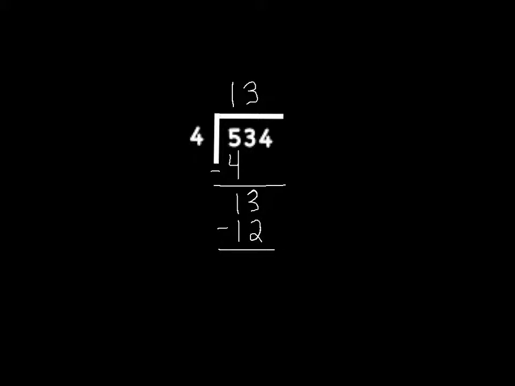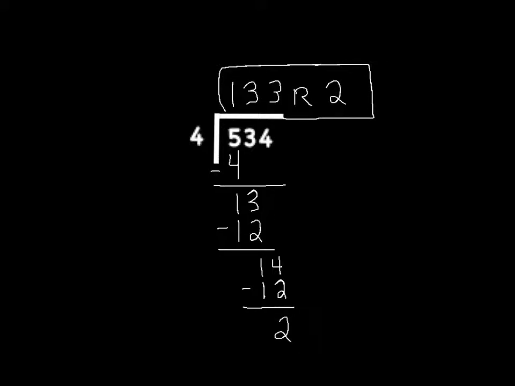When we subtract in the tens place, we have 1 ten remaining, and we can drop down the 4 from the ones place. Again, making reference to our basic fact fluency, we know that 4 times 3 is 12. When we subtract, we have 2 remaining. Our quotient is 133 remainder 2.